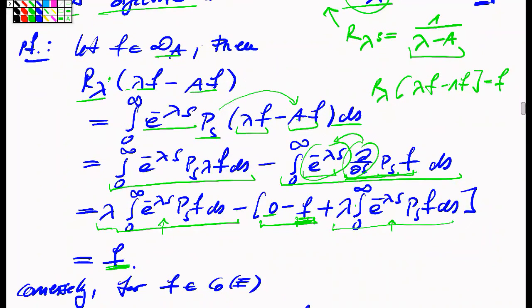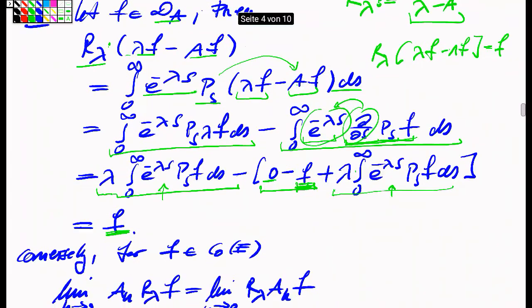So therefore, R lambda is something like the left inverse of the operator which we had before.